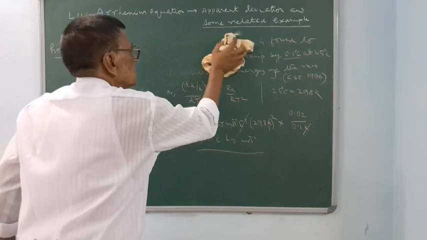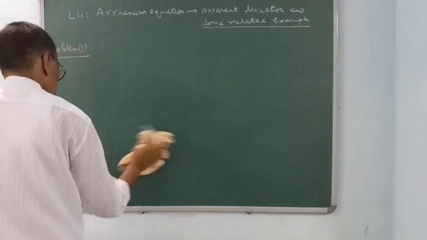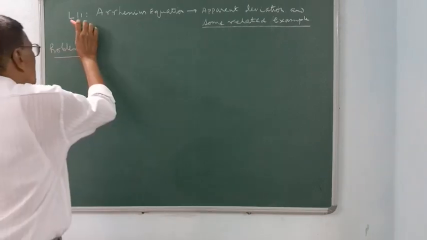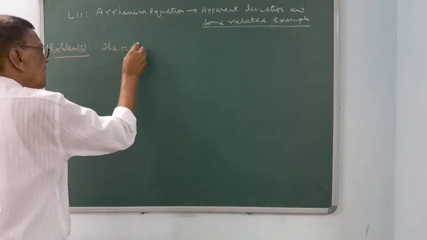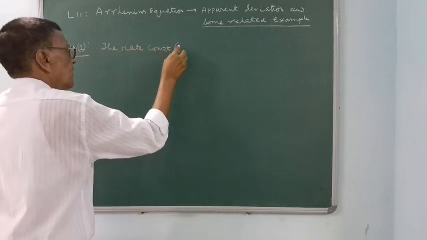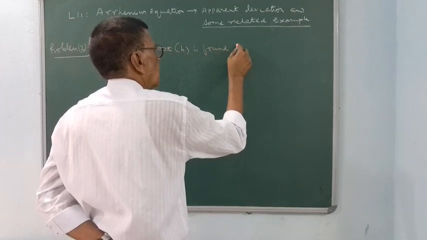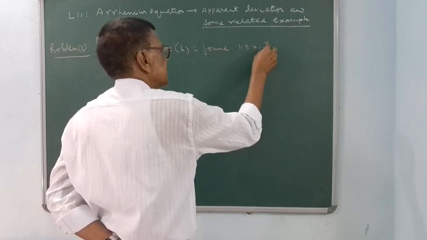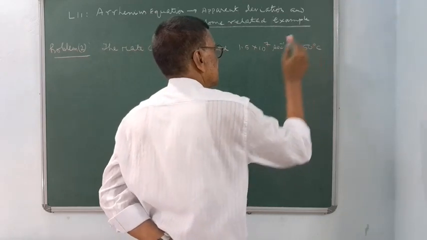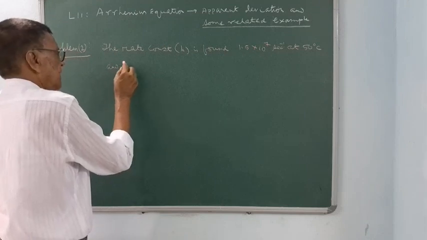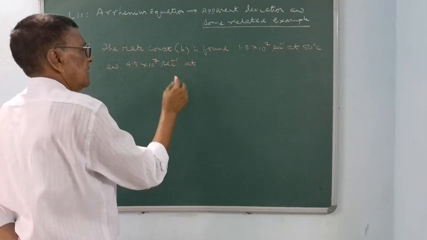Now we are coming to problem number 2. The rate constant is found to be 1.5 into 10 to the power 7 second inverse at 50 degrees centigrade, and 4.5 into 10 to the power 7 second inverse at 100 degrees centigrade.